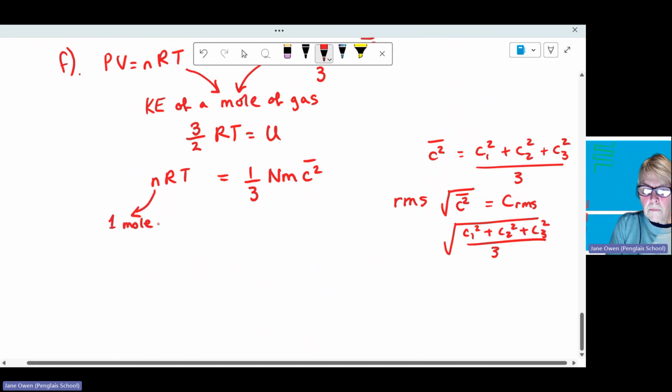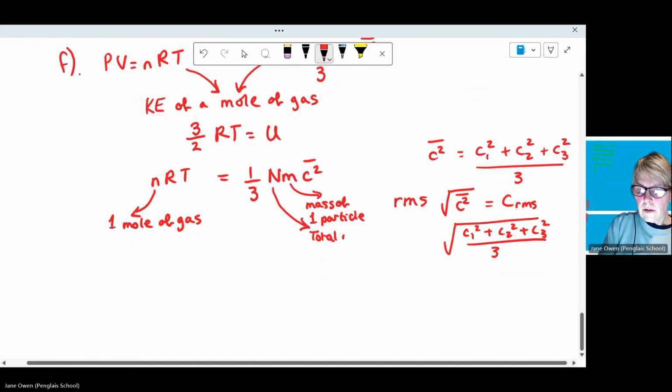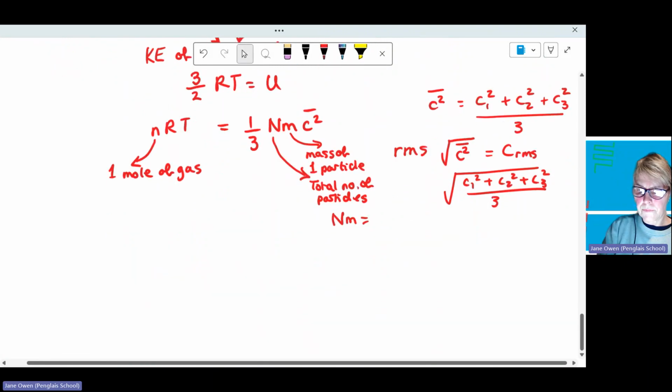Little m is the mass of 1 particle, and capital N is the total number of particles, which means that N times m is the mass of gas.